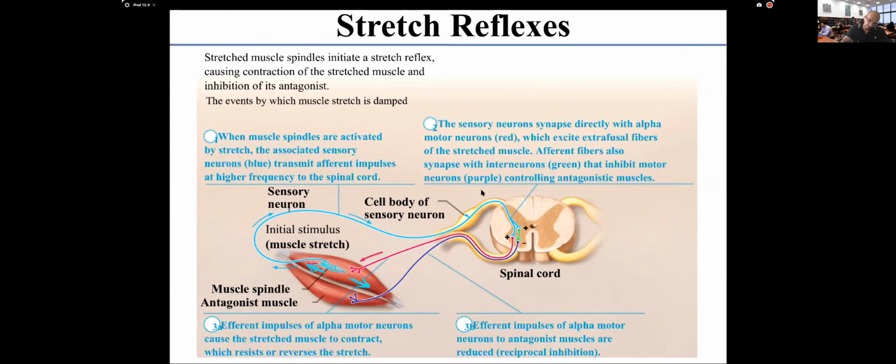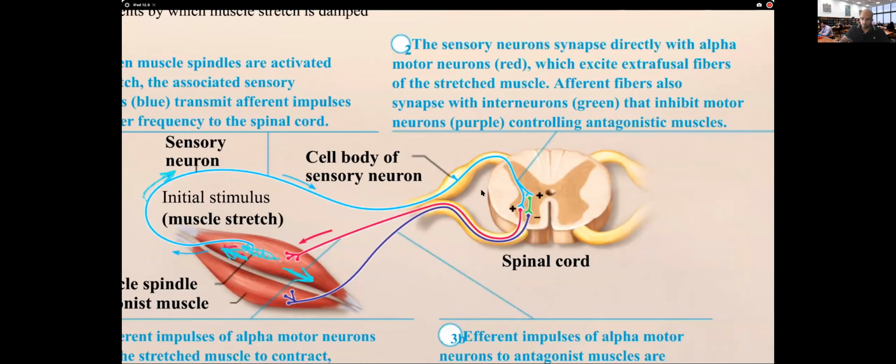This stretch sensation is going to be conducted to your spinal cord and will be integrated with two motor neurons. A motor neuron that innervates the stretched muscle, allowing it to contract. So you're going to be sending an excitatory impulse to this skeletal muscle. So the muscle that got stretched contracts in response to the stretch.